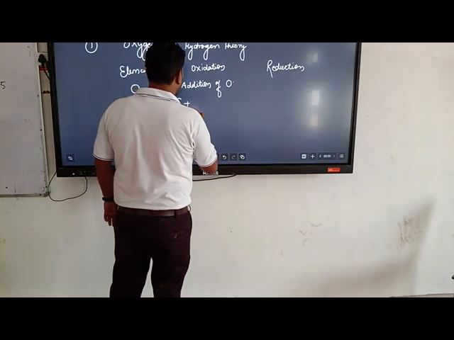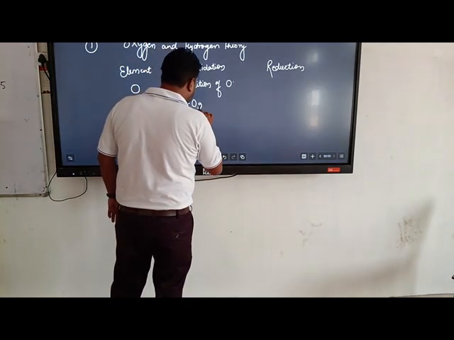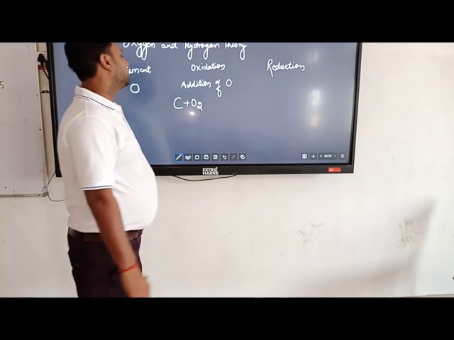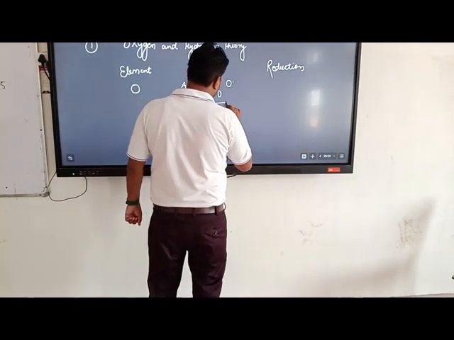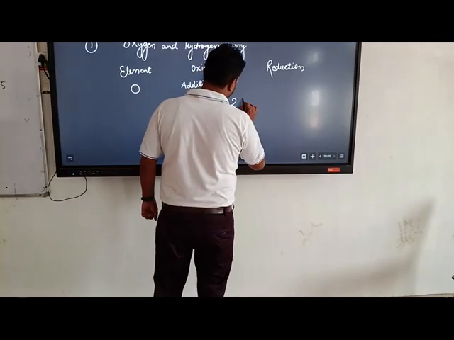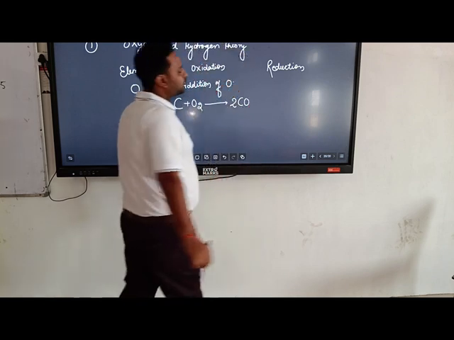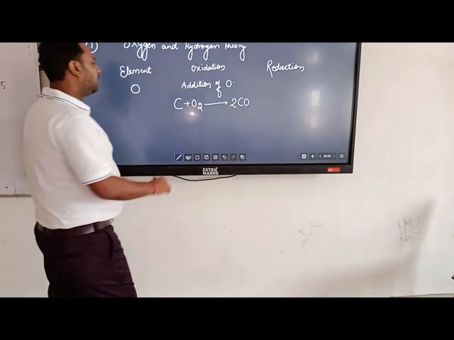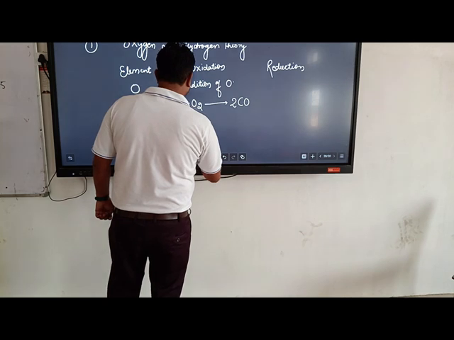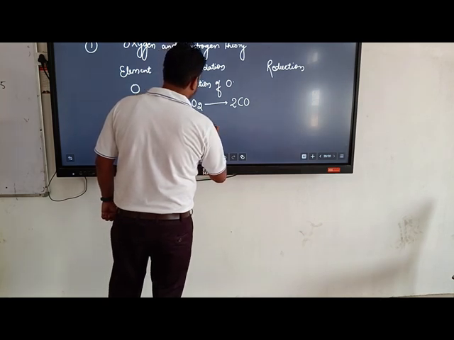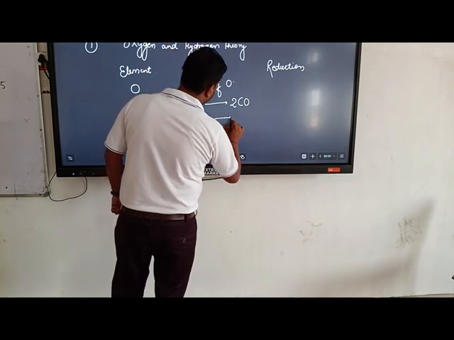Suppose this is the example: carbon reacts with limited oxygen, so there will be formation of carbon monoxide. Now again this carbon monoxide reacts with oxygen to form carbon dioxide.